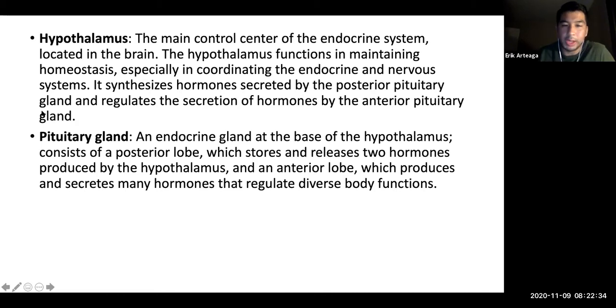So think of these as the brains of the endocrine system, right? The control centers. So the pituitary gland is an endocrine gland at the base of the hypothalamus, consists of a posterior lobe, which stores and releases two hormones produced by the hypothalamus, okay? An anterior lobe, which produces and secretes many hormones that regulate diverse body functions.